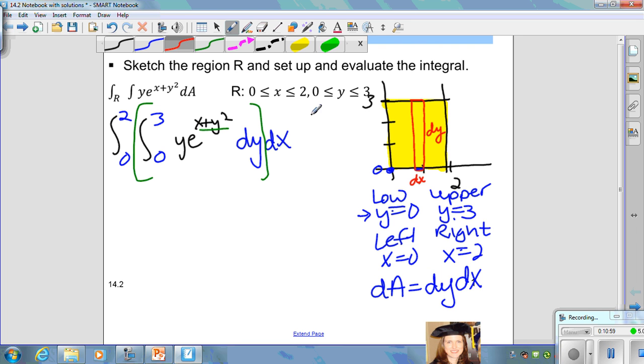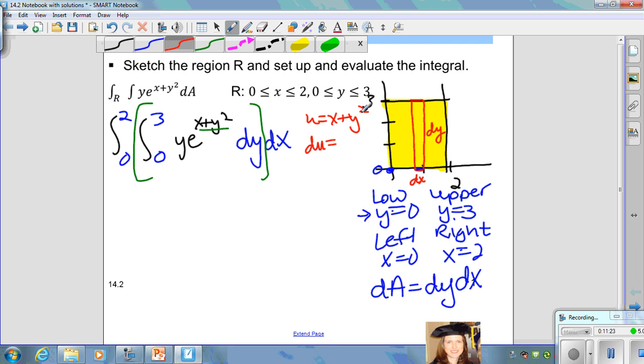If you're using u substitution, you would let u equal that exponent, x plus y squared. Then your du would have to be, pause here for a second, you just want to clarify that when you're evaluating the inside integral, you're treating y as a variable and x as a constant. Do the same when you're using u substitution.